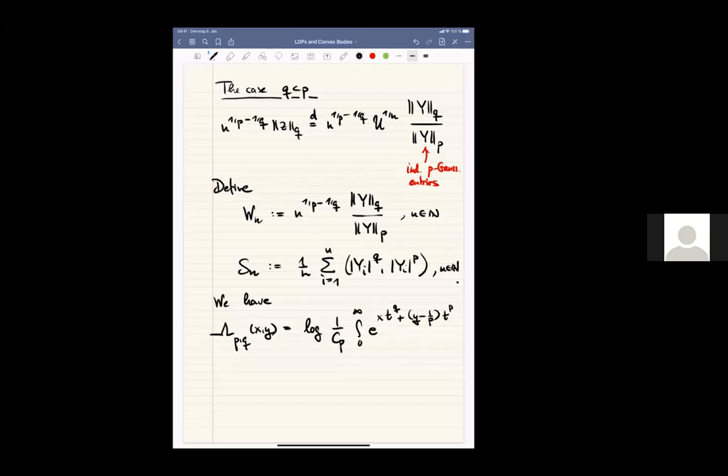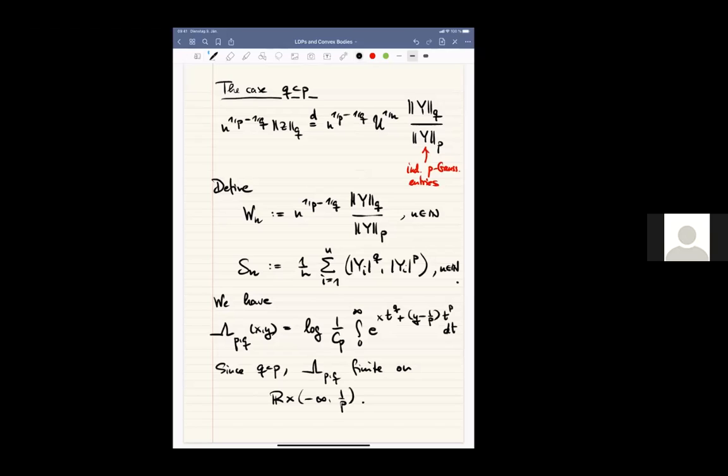Right? And since q is less than p, we know that Lambda_pq is finite on R times (minus infinity, 1 over p). And if you remember what I said yesterday, we have Cramér, it's valid also in higher dimensions, and in particular, we do not need finite exponential moments everywhere.